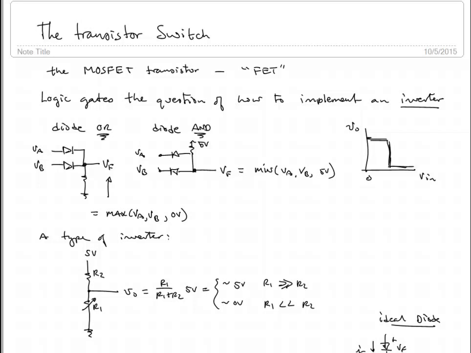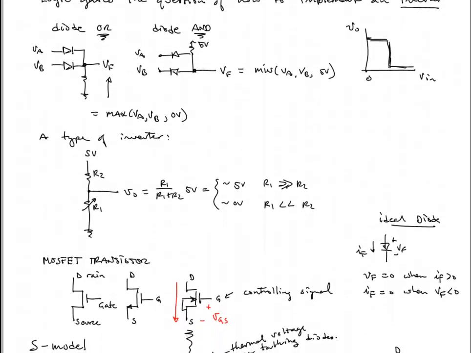transistor switch, that has allowed us to augment the set of logic functions that we could implement from just diode OR and diode AND circuits to now we can implement inverters.